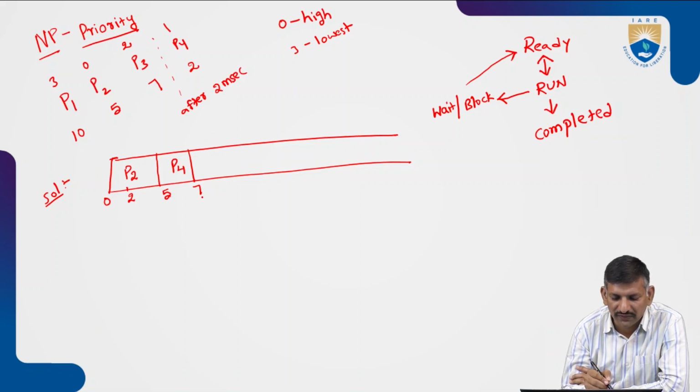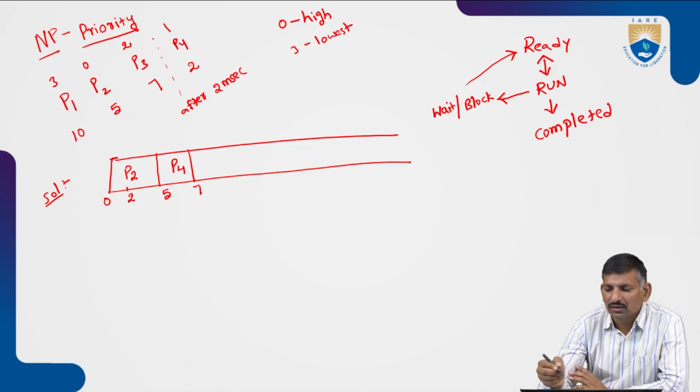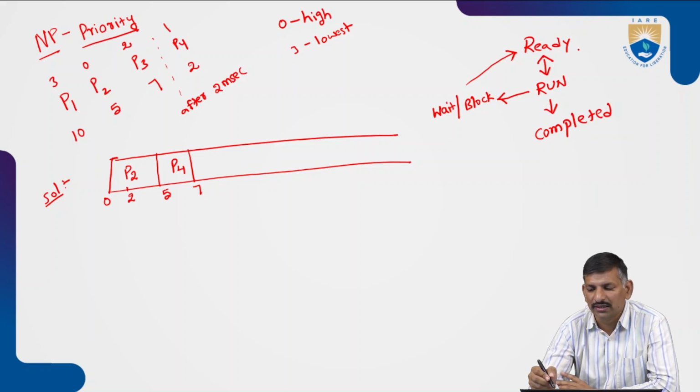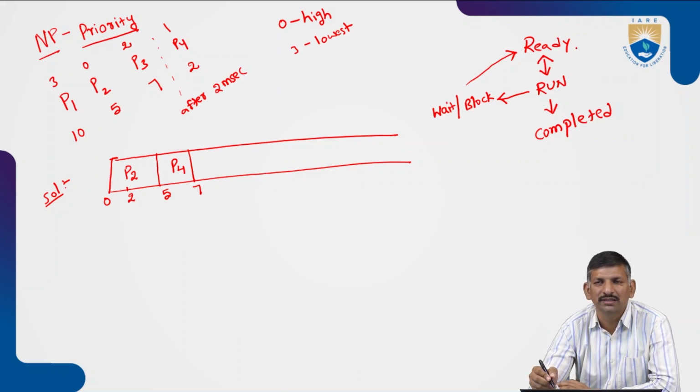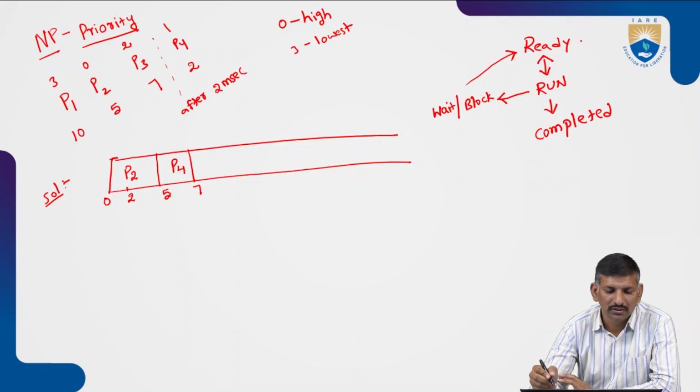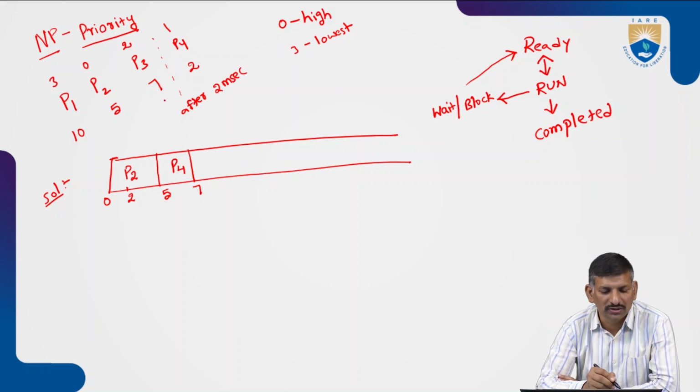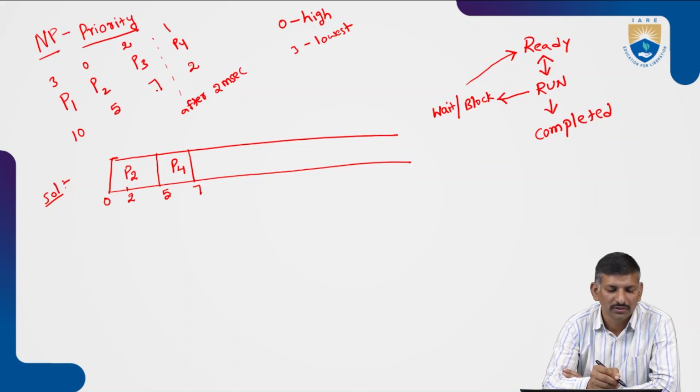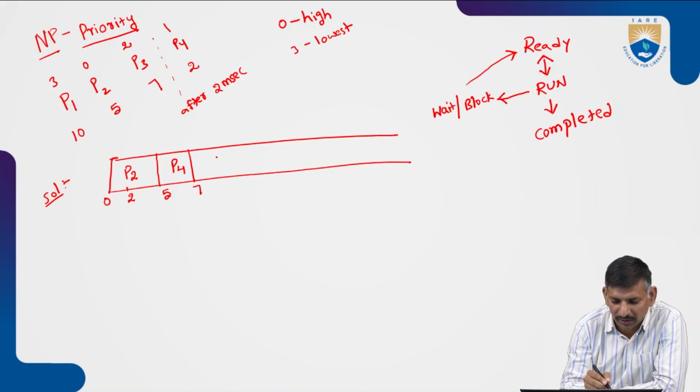Next, at the 7th millisecond, the scheduler checks the ready state. What are the processes available? P1, P3. Among them, which process has the highest priority? P3 has the highest priority. Its execution time is 7 milliseconds.